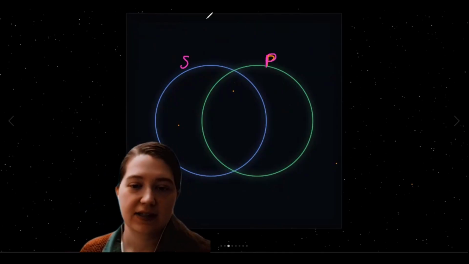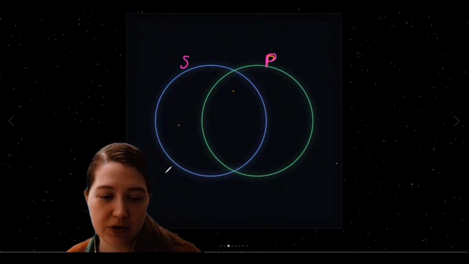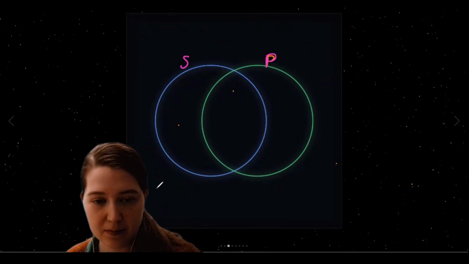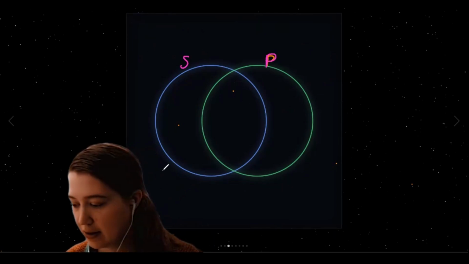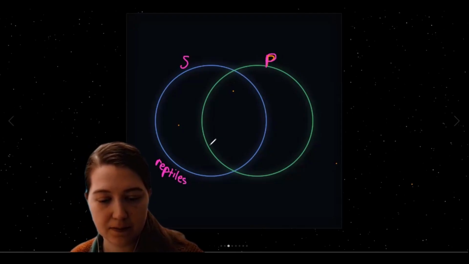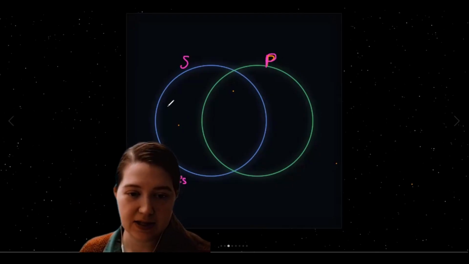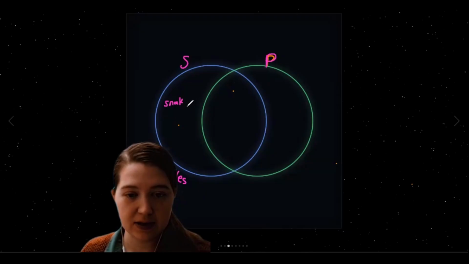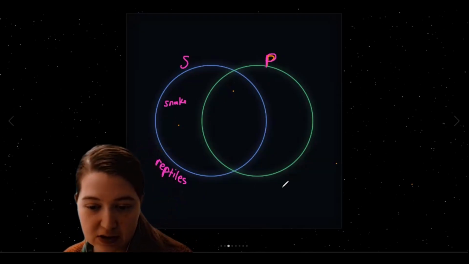In this case, let's say that the blue circle represents reptiles. Reptiles as a category. So a snake, any particular snake would be in here, right? Our green circle, let's just stick with dog. It's an easy example.